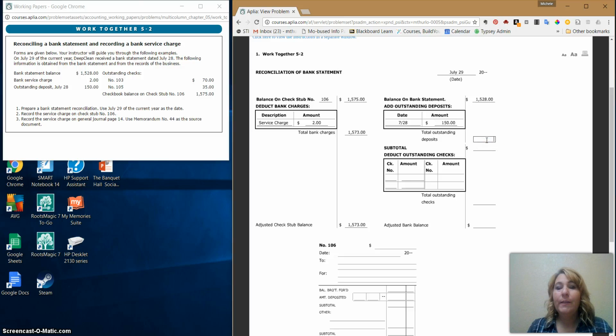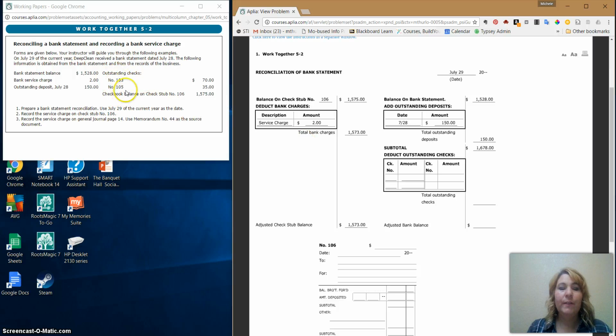There was only 1, so 150 plus nothing else is still 150. And then we have to add our 1,528 plus our 150. Okay, so if I add those 2 numbers together, I get $1,678.